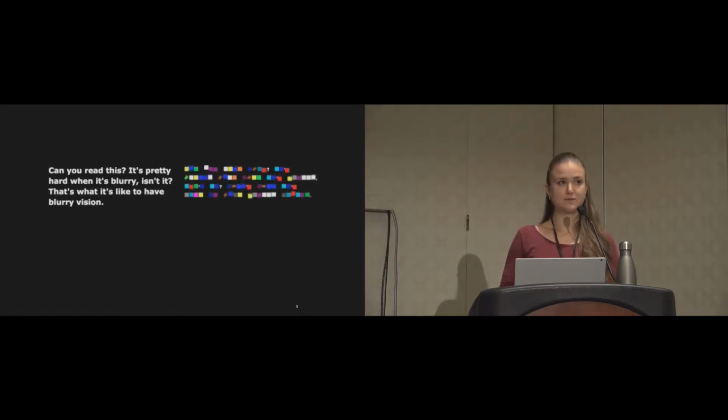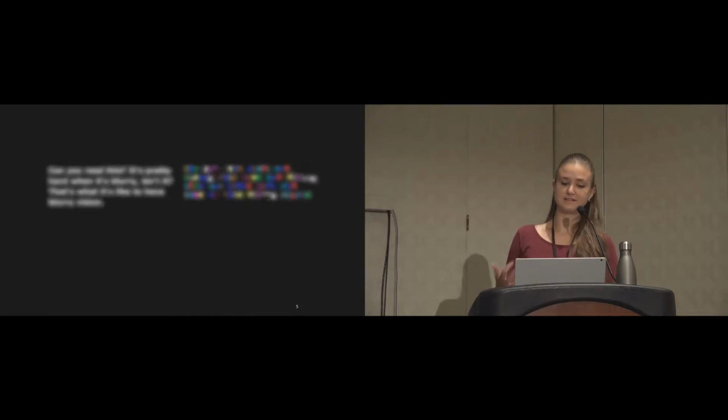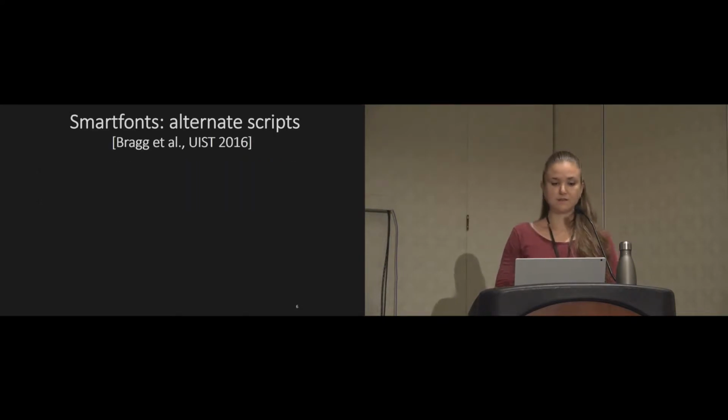Here's another example where the live font does not resemble traditional letter forms at all. And you can see that under blur, it's still at least comparably more legible. So live fonts are a subcategory of smartfonts, which we presented at UIST last year.